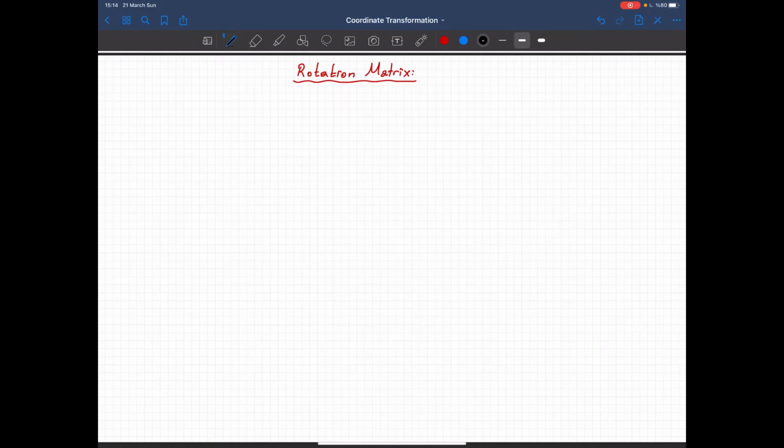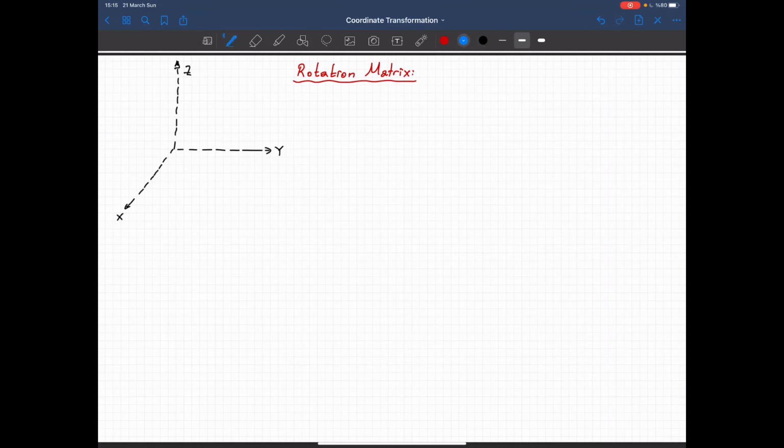Now let's draw first the global coordinate system. This is X. This is Y. These are the global coordinate systems.